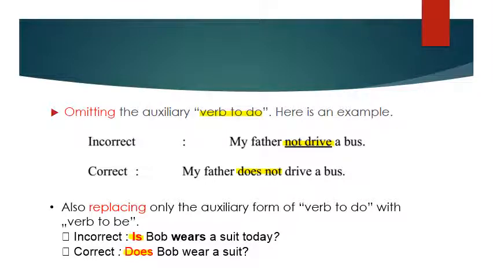Okay, and here, as you see, wears, he used the inflected form of the verb, which is incorrect, because here does is supposed to carry the present tense, and wear comes in its infinitive state. So this is completely wrong. He made double mistakes here, using is instead of does, and even using the inflected form of the verb.